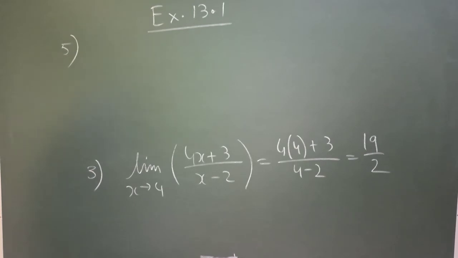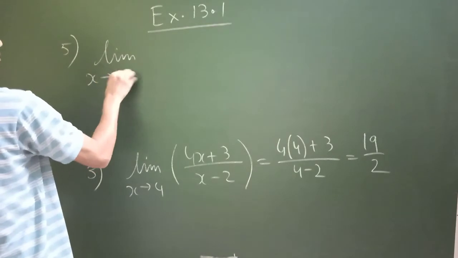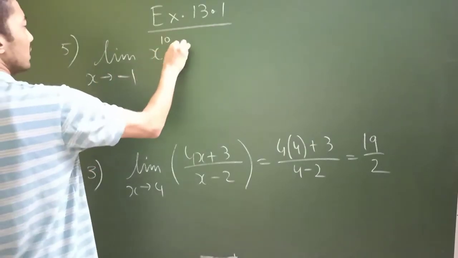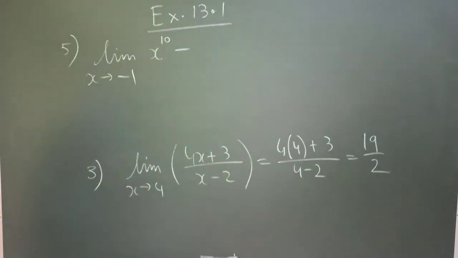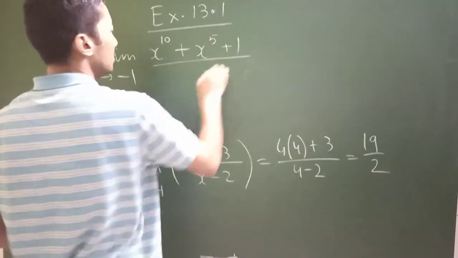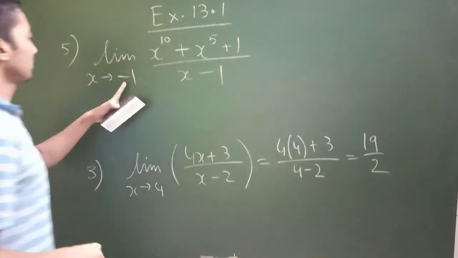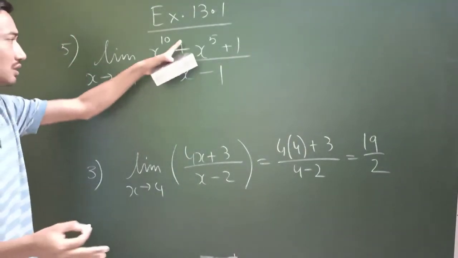Number 5 will be the limiting value as x tends to minus 1 for the function (x power 10 plus x power 5 plus 1) divided by (x minus 1). If I put x equals minus 1, definitely I'm not getting 0 by 0.